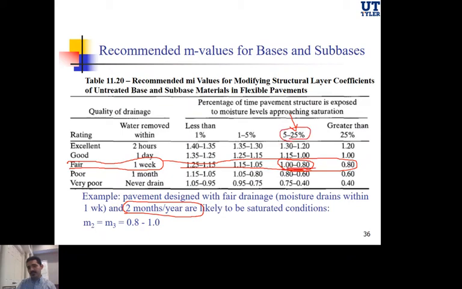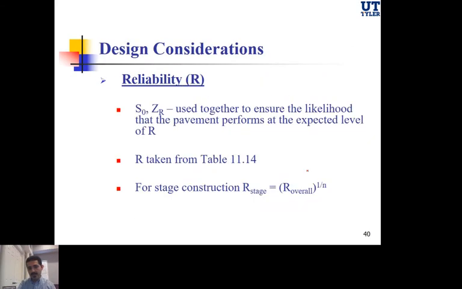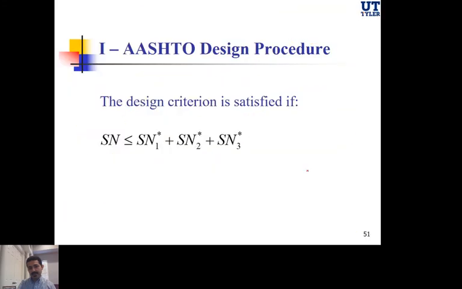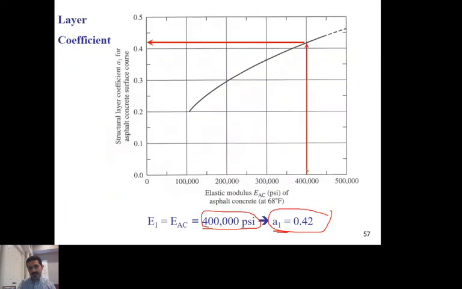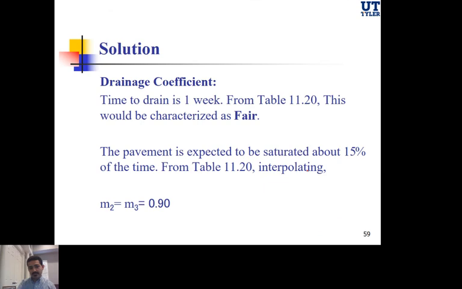So the range will be anywhere between 0.8 and 1. You can pick 0.8, you can pick 1, you can pick 0.9. Anywhere in that range is acceptable, and I picked a medium value of 0.9, M2 equal to M3 equal to 0.9.